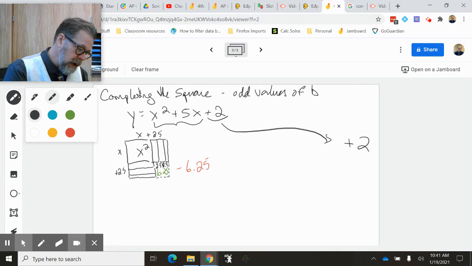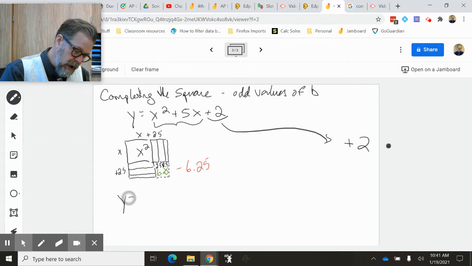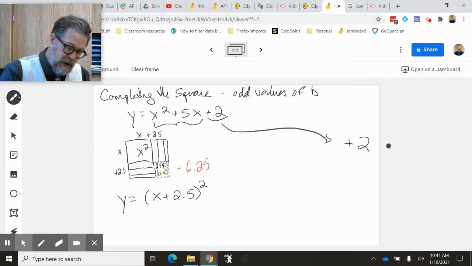Going back to my original problem, I now have a square that is x plus 2.5 by x plus 2.5. I have a minus 6.25 to keep it balanced.